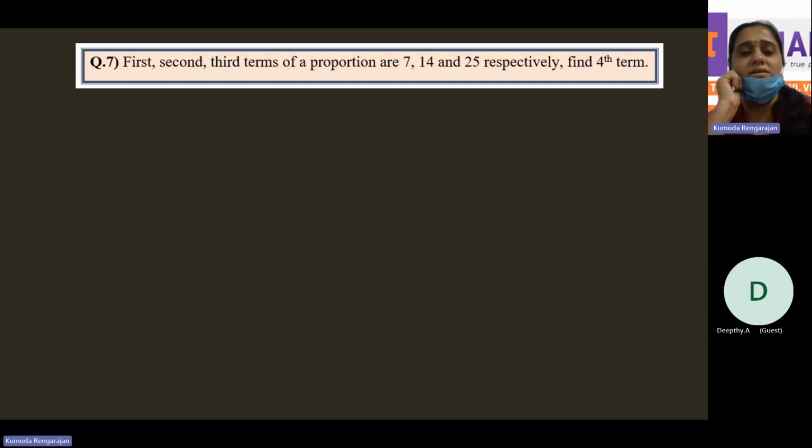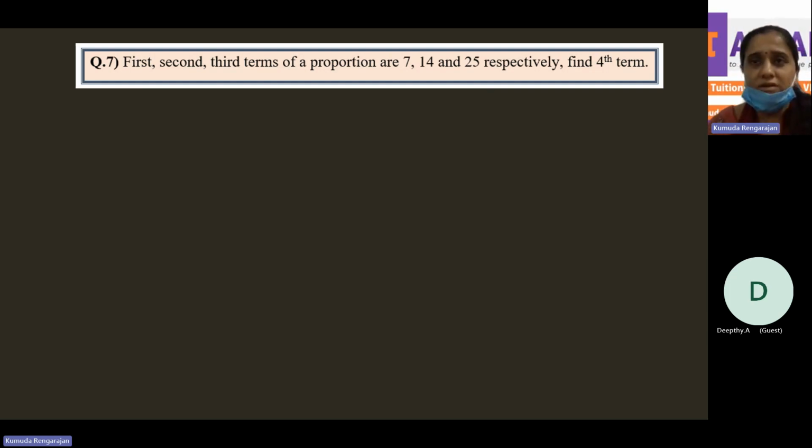First, second, third terms of a proportion are given to you. Find the fourth term. So what's a proportion? Comparing two ratios is called a proportion.